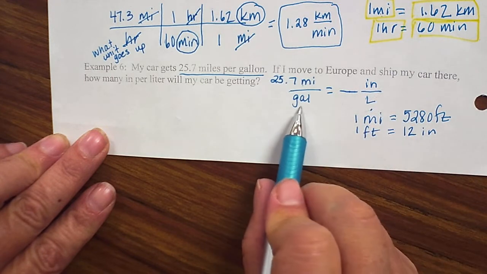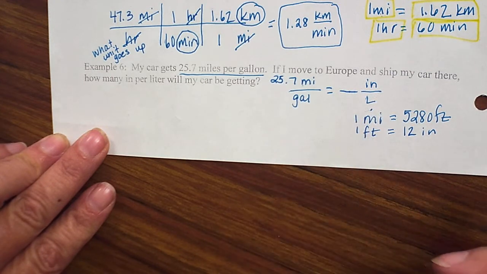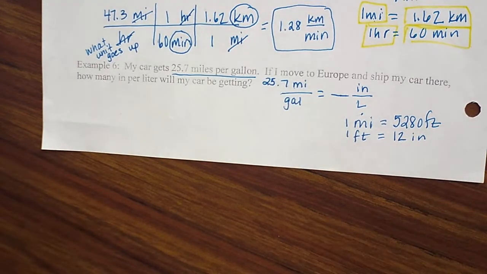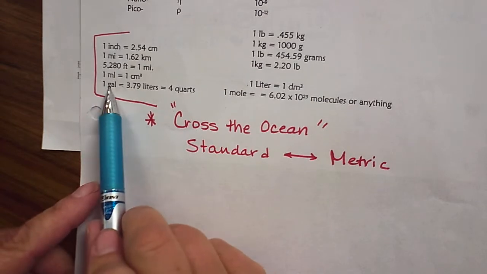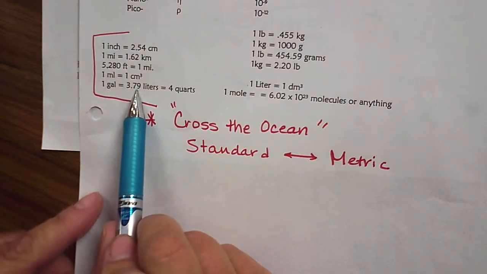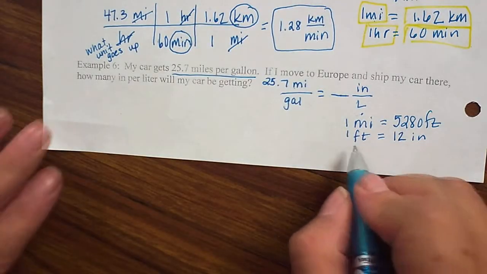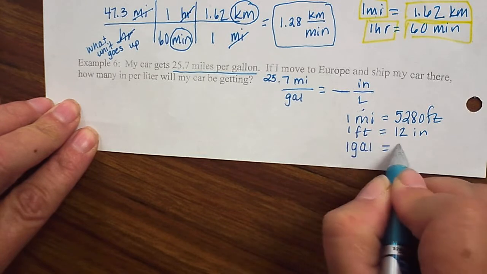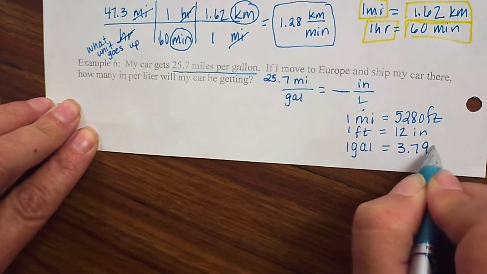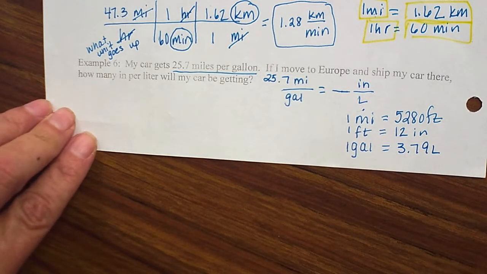Now I need to get from gallons to liters. So I go to my conversion chart. And what I see here is that 1 gallon is equal to 3.79 liters. So that's super helpful. So 1 gallon is equal to 3.79 liters. All right, I think I'm ready to go.